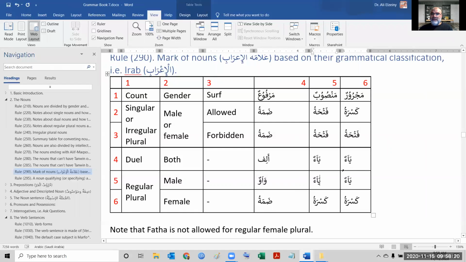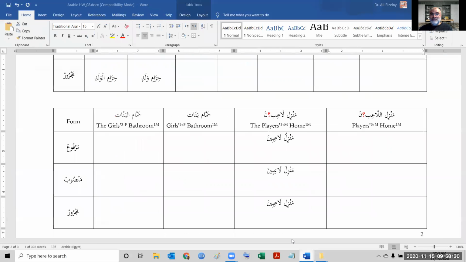Then the right answer is ياء. Okay. So when you go back here, you can see that what I did is that I answered it right. It's right here. It's ياء. And it's always مجرور, then it's always ياء. No question about it. So that second noun was easy.